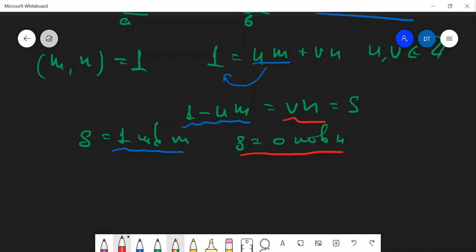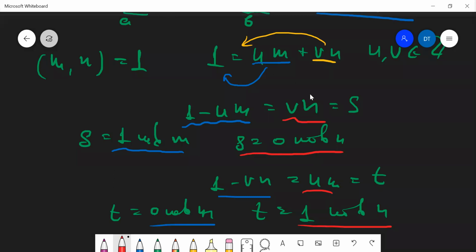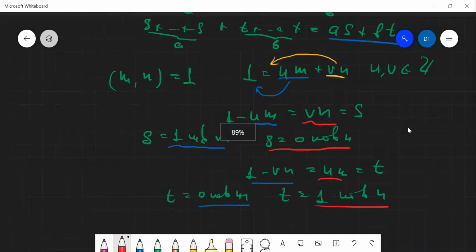And if you take this part and move it to the right, you will get 1 minus vn equals um, which is t, and then t gives you 0 modulo m, and t gives you 1 modulo n. So because of this, and here because of this. So this is how to find, in the general case, these two elements s and t.